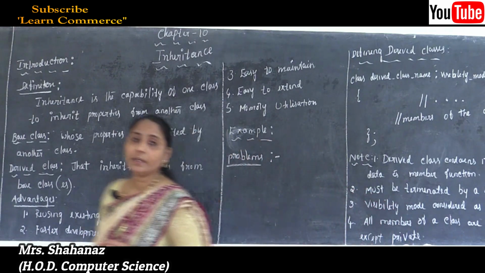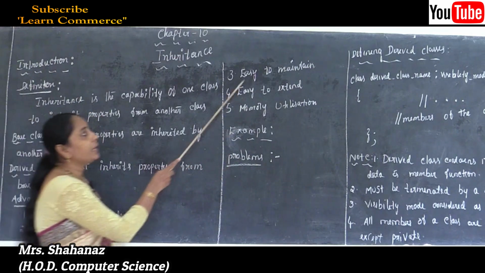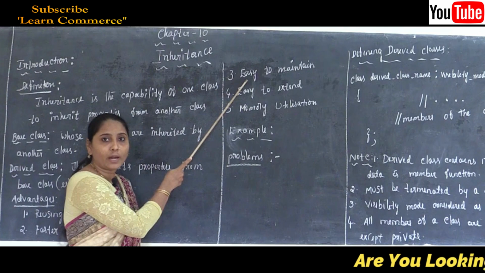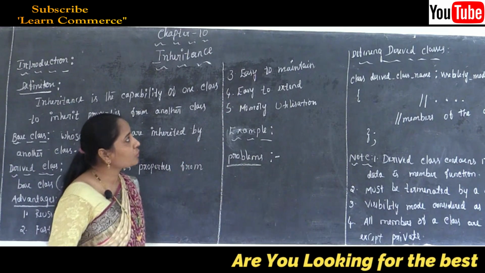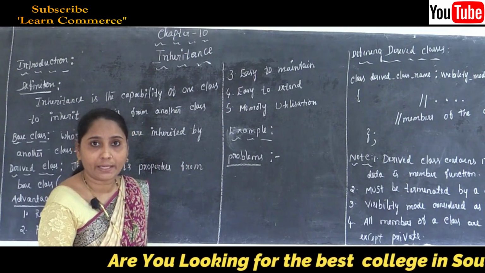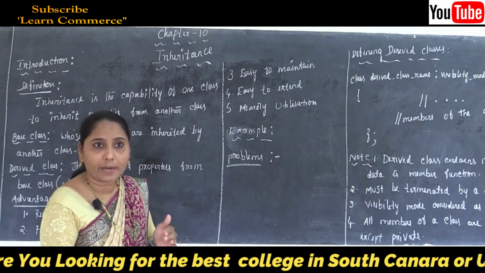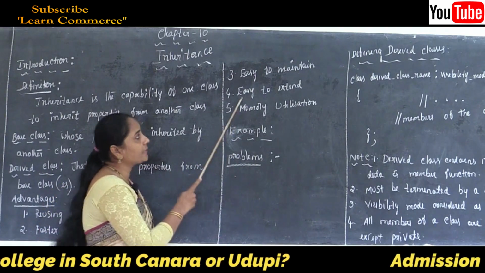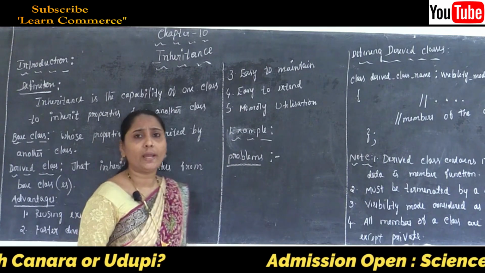And the third advantage is easy to maintain. Why? Because when many lines of code are there, all that code can be maintained very easily from the base class to the derived class while executing the program. Next is easy to extend. Why?